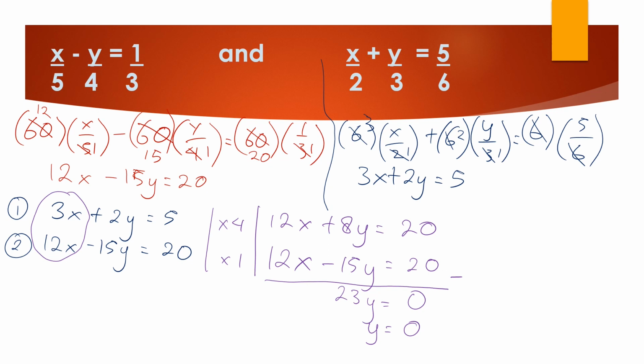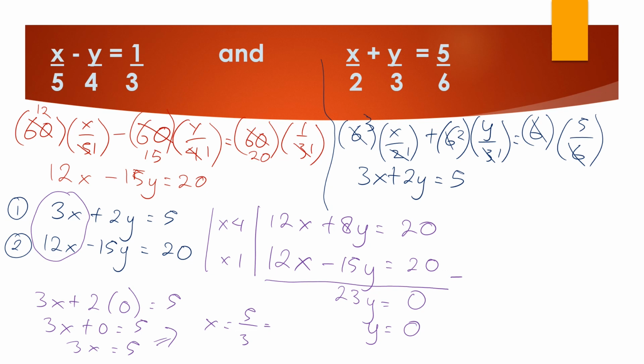So what is the answer for x? Okay, let's see. I put it into the first equation because the first equation has the smaller coefficient. So 3x plus 2 times 0 equals 5. 3x plus 0 equals 5. 3x equals 5, so x equals 5 per 3.